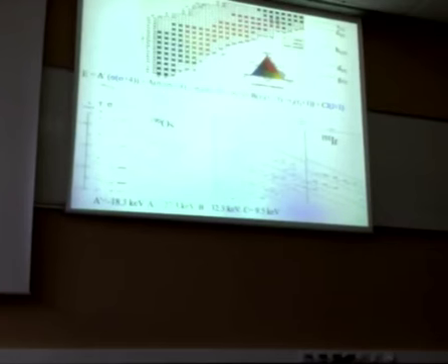Now, this is the Casten symmetry triangle. Blue are vibrational nuclei. Yellow is the color index for rotational nuclei. Red is the color index for gamma unstable nuclei. In the middle of the shell, we have the deformed rotors, so SU3 nuclei.